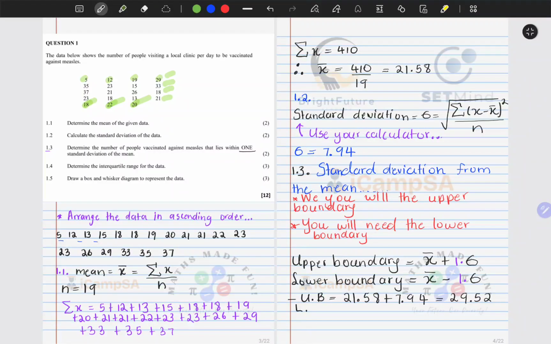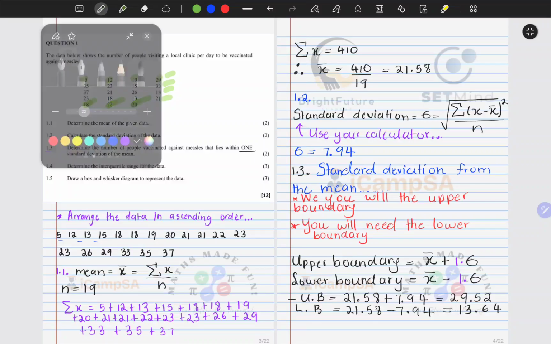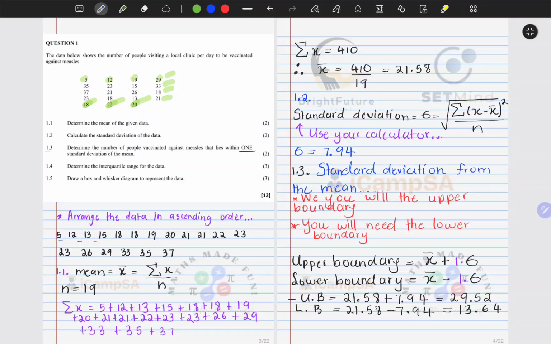Then let's have a look at our lower boundary. So we should do the mean, 21.58 minus 7.94. This becomes our lower limit of the boundary, and that becomes 13.64.